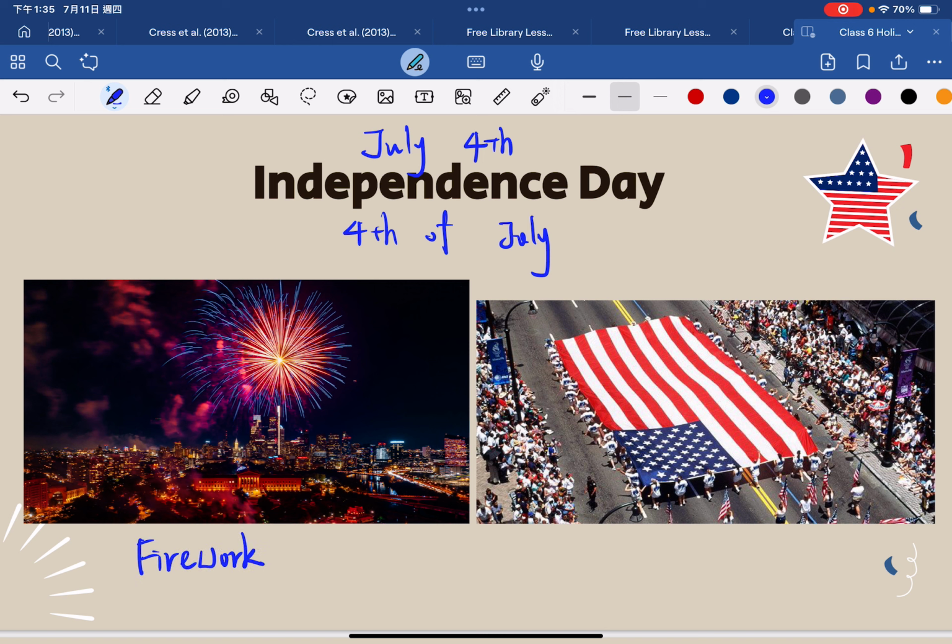And on the right, what is on the right? On the right, we have a group of people raising flags, American flags. They are walking on the street. This is called a parade.